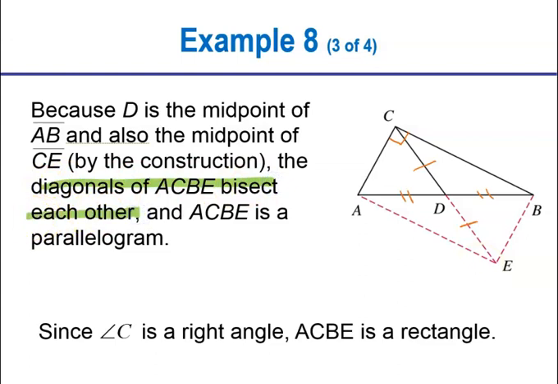So we know that. Now it says since angle C is a right angle, which was given, ACBE is a rectangle. This whole thing is a rectangle. Remember, if you have a parallelogram that has a right angle, we just proved that they're all going to be right angles, so it's going to give you a rectangle.